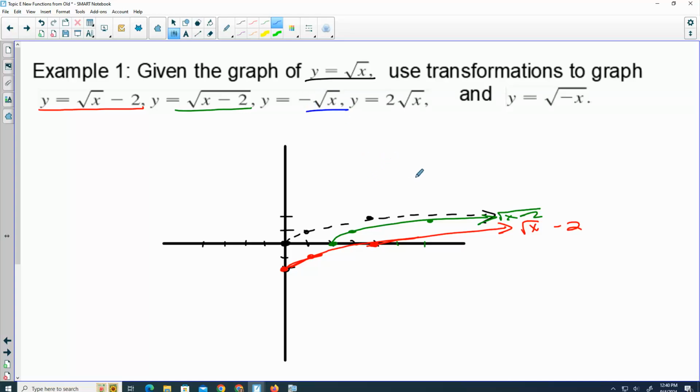What about negative square root of x? Flip it over the x-axis. Okay, it's negative on the outside, so it basically does the square root of 4 and then makes that negative. So we still have the 0, 0, and it would be 1, negative 1, 4, negative 2, just reflecting across that x-axis.